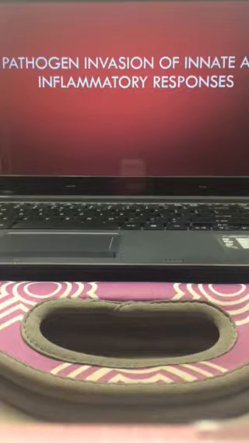This is the body's first line of defense, so it's the main site of defense. These physical barriers consist of things like the epithelial layers of the skin and the mucosal and glandular tissue surfaces. Mucosal are like the tears or sweat, things like that.